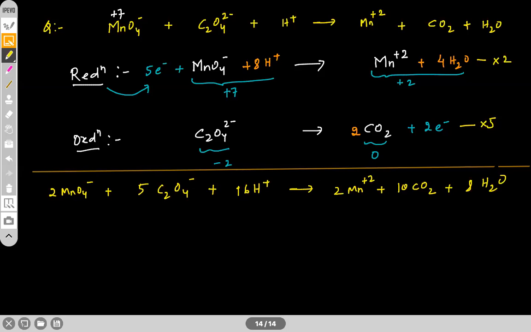Is this the balanced reaction? If you have any confusion, after finishing it, you just count the atoms on both sides. If it is coming out to be equal, it means it is correct. Charge also you can count. You see, we have 16 positive charge, 5 negative, 2 negative.